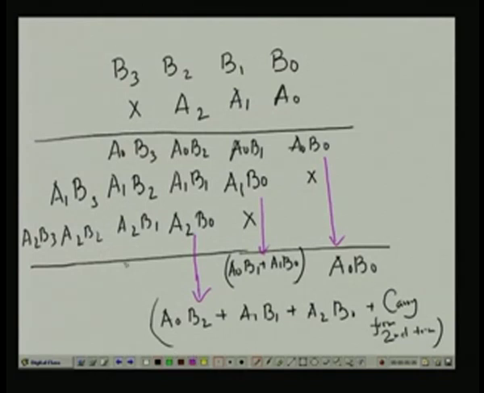Similar thing will happen when we consider the fourth sum. This will be A0 B3 plus A1 B2 plus A2 B1 plus the carry coming from the third term. So, here the carry is coming from here, and similarly here the carry coming from here and the sum. So, this way we can write these as my sums.